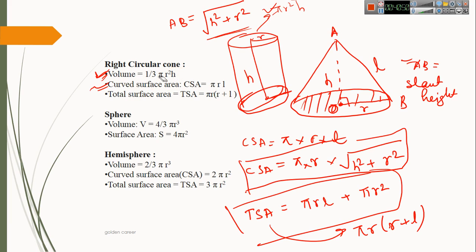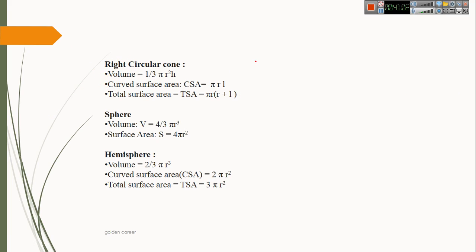So now for volume, if you remember the volume of the cylinder, so if we have a cylinder which has height h and radius r, then what is the volume? Volume is equal to pi r square h.